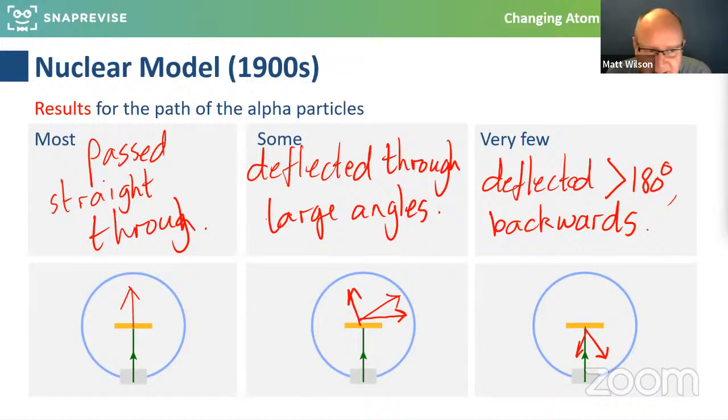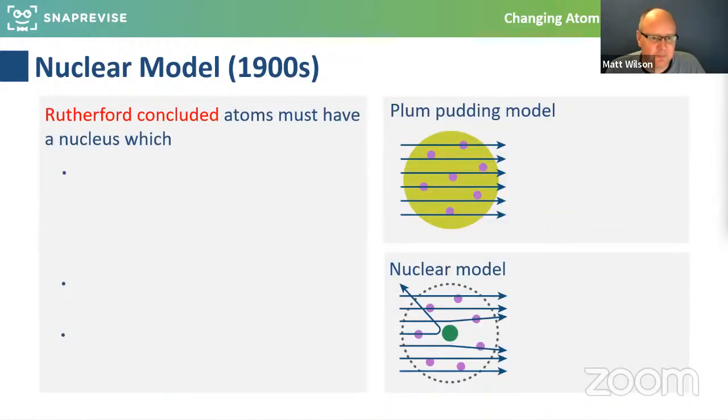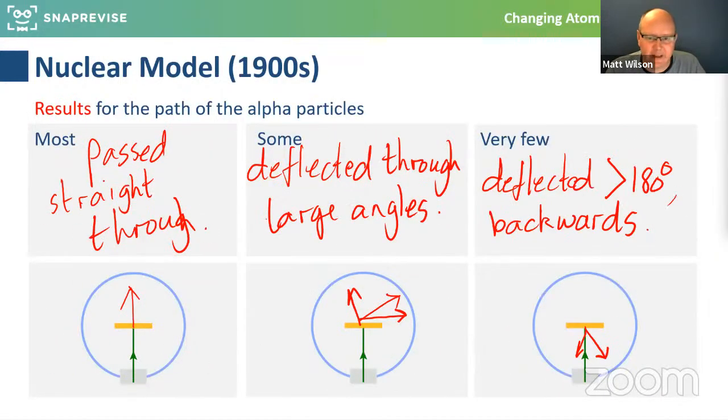So that implies that this positive nucleus of the atom is very small, but also that it is where positive charge is concentrated, because that's where the electrostatic interaction between the alpha particle and the positive nucleus causes that repulsion.